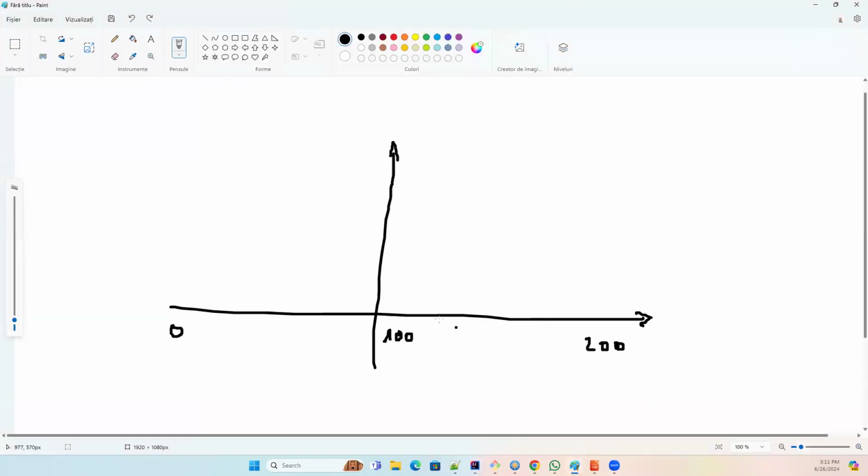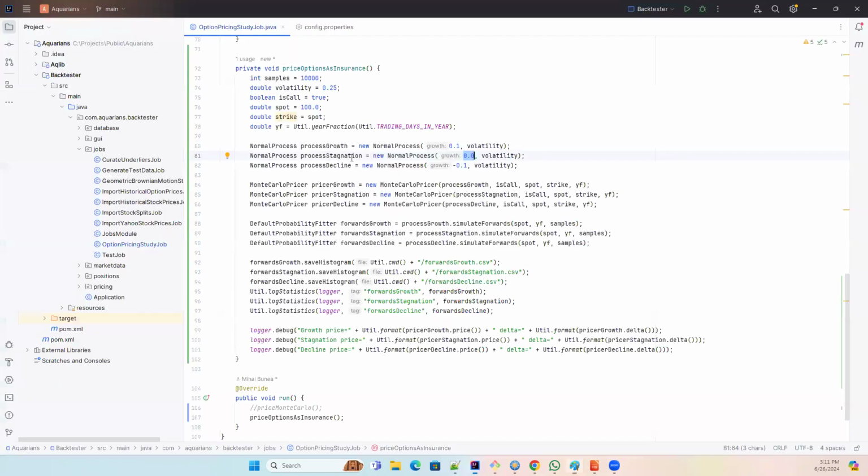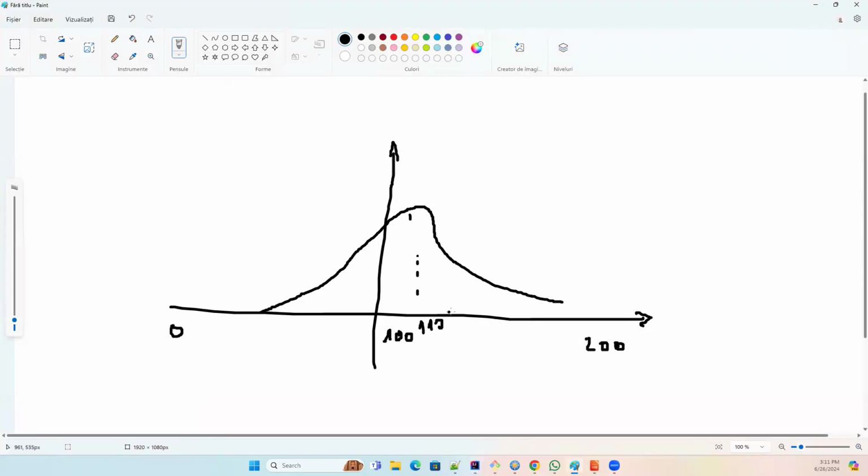Now, if the growth is 10% per year, it will be skewed something like this. So it will go to 110 on average. And for minus 10% per year, it will be something like this. Let's say this is 90.